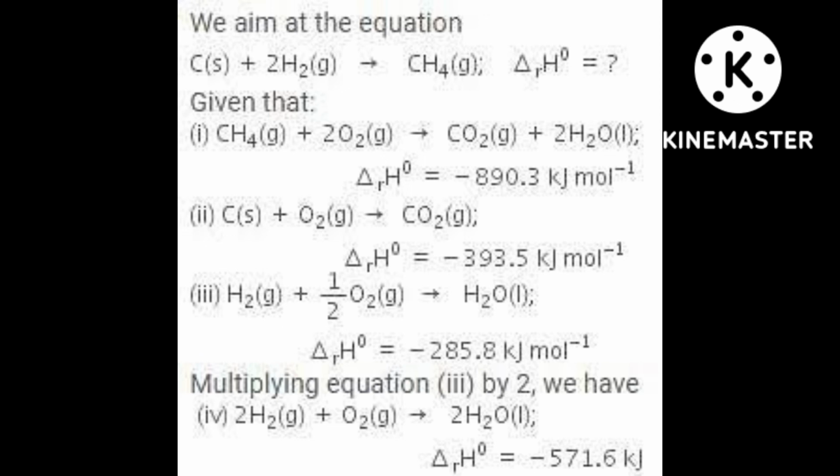That is, you will get 6 carbon plus 3H2 gives C6H6, and the delta H values you also add. Then you will get the delta H value for this reaction, where 6 carbon and 3H2 give C6H6, and benzene is liquid.